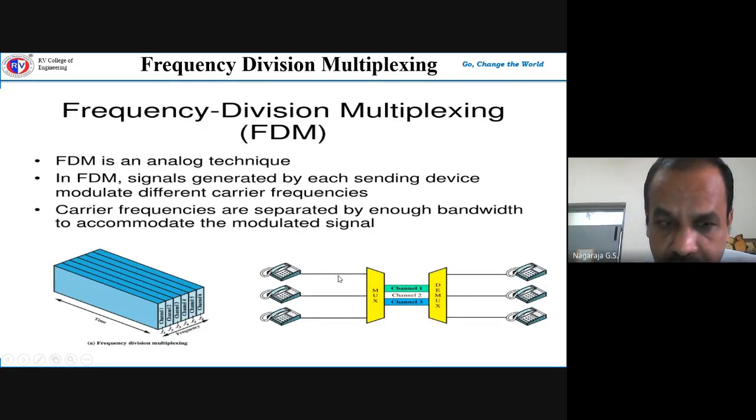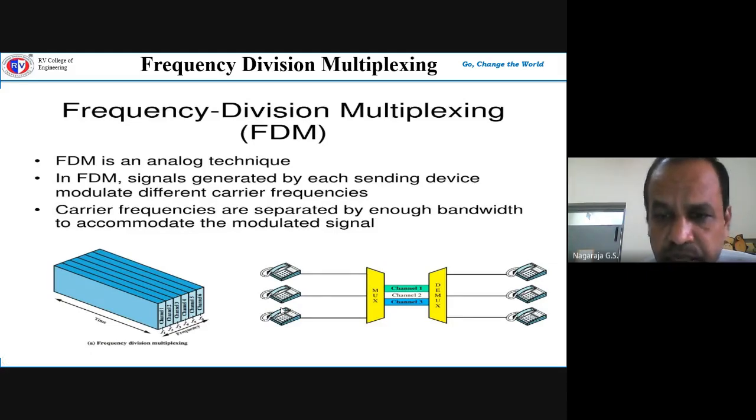You are able to transmit your data with different frequency channels. You can assume here f1 may be channel 1, f2 channel 2, channel 3, and it goes on like that. It's not only one range of frequency here.